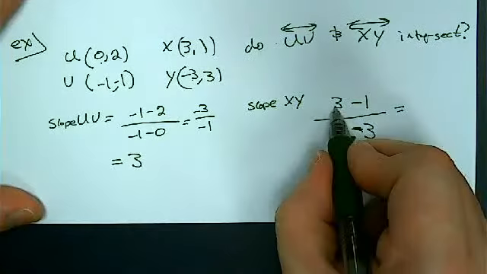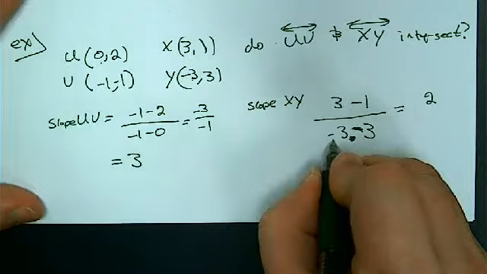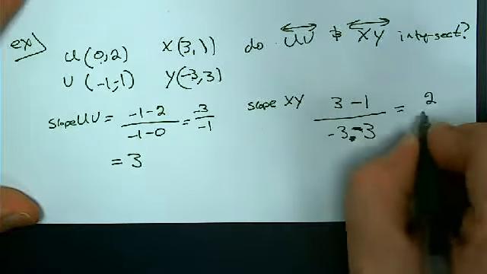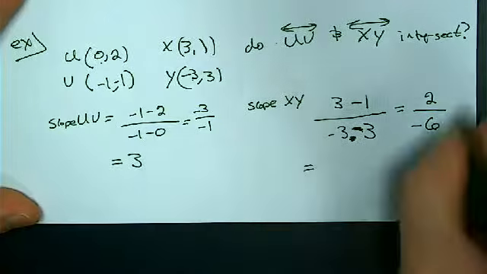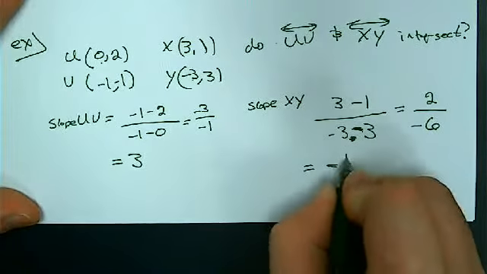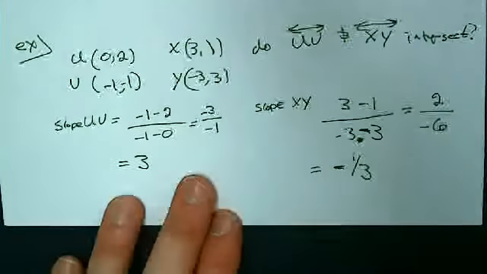So that gives me 3 minus 1 is 2. -3 minus 3, -6. Let's reduce the fraction. -1/3.